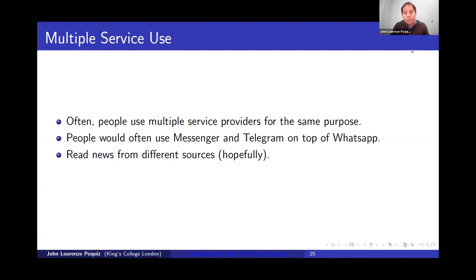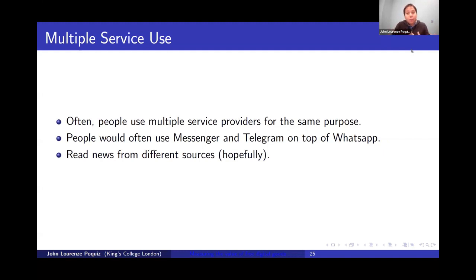You're only recorded once. But in reality, most people use multiple service providers. For example, I use Messenger, Telegram, and WhatsApp for video conferencing. So the utility that I get from these three might differ. So we tried to account for that by counting people multiple times.